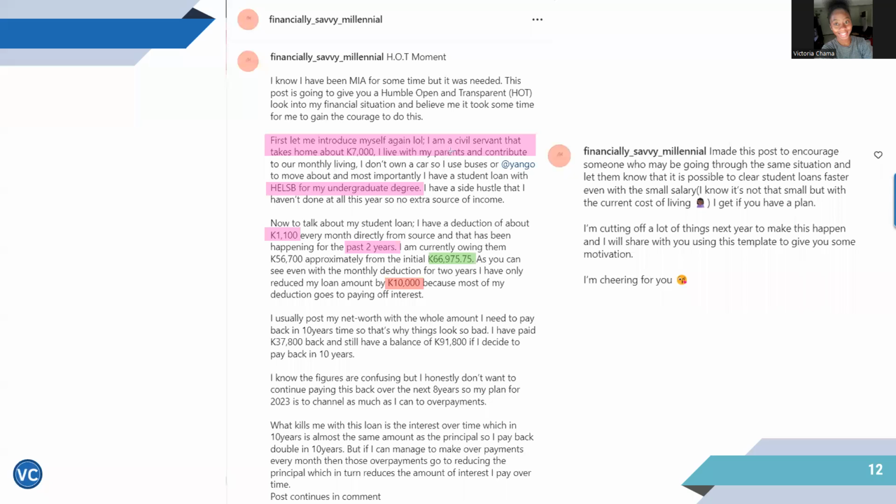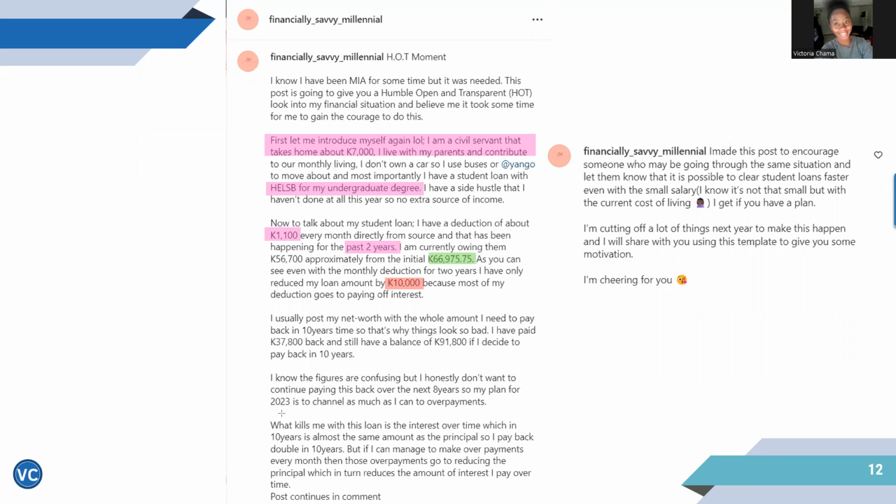So the other interesting things that she highlights in this post is that she does not want to spend 10 years paying this back. On top of that, she is basically kicking into full gear and trying to tackle this debt as soon as possible. Did she say that she wants to do it this entire year somewhere? Let me see if I can find that.